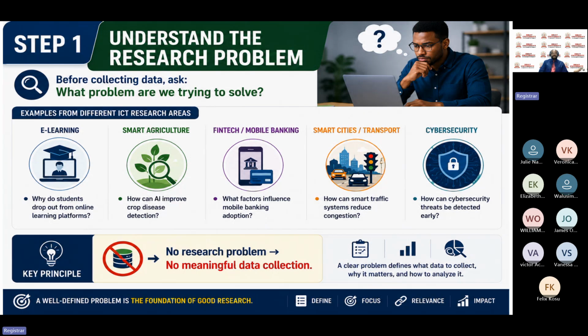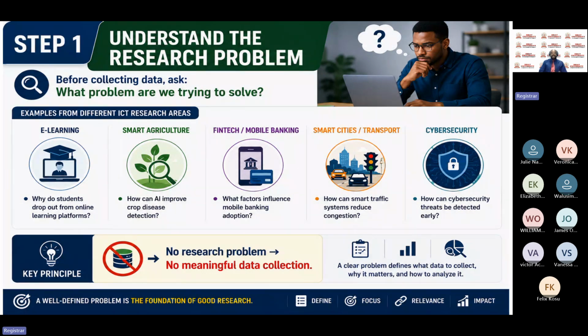whether the students are getting self-learning materials. Next, if you take smart agriculture, how can we improve crop disease detection using AI? If you're working on fintech and mobile banking, we can study what technological factors influence mobile banking adoption. If you are studying smart cities and transport, how much does a smart traffic system reduce congestion?